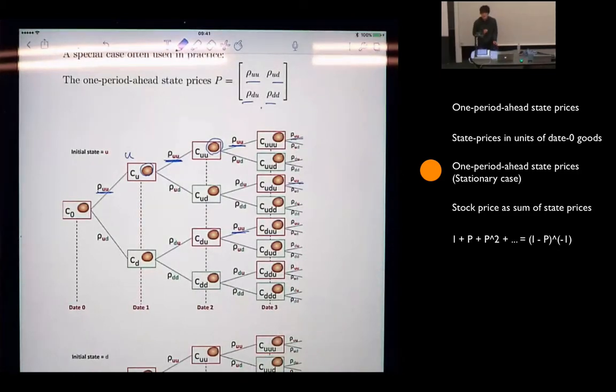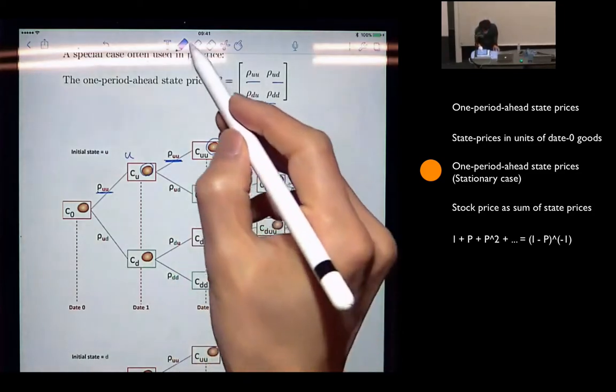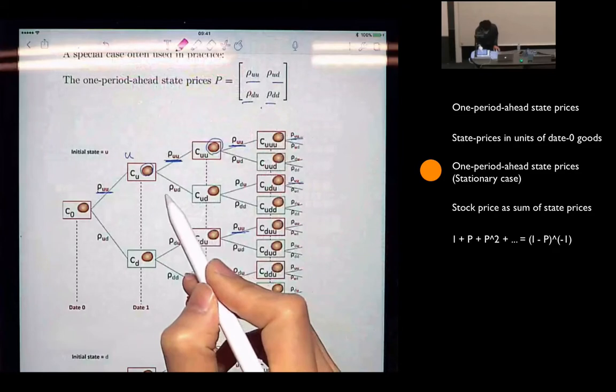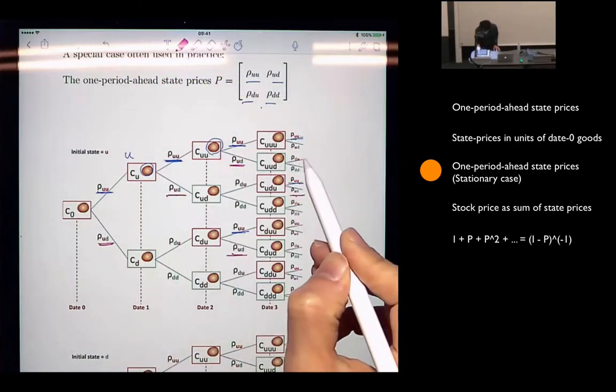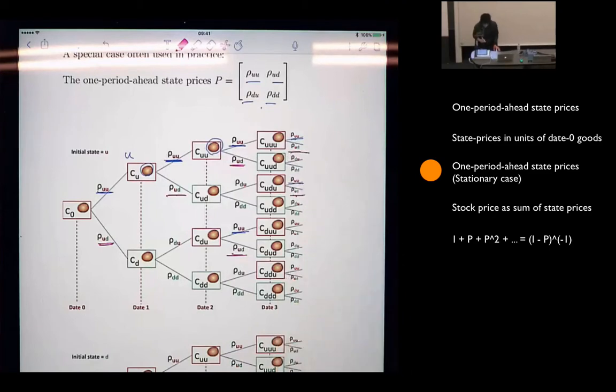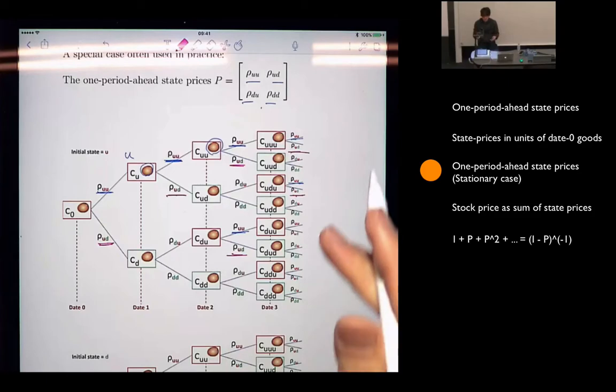So the idea is that as long as the current state is U, and the next state is also U, the one period ahead state price is rho UU. Similarly, you see rho UD here, here, here, here, or here. So the assumption is that as long as the current state is up and the next state of the economy is down, the one period ahead state price is rho UD. So that's the pattern we assume here.